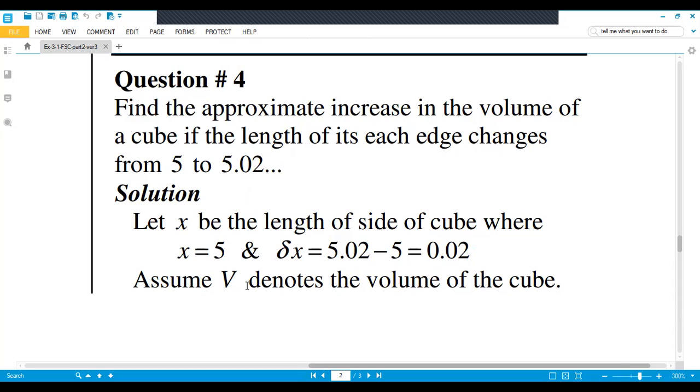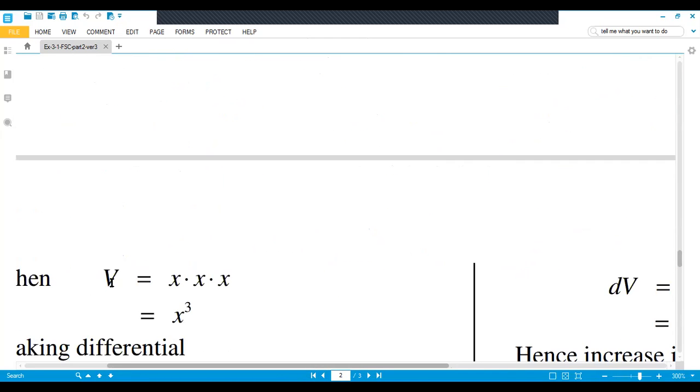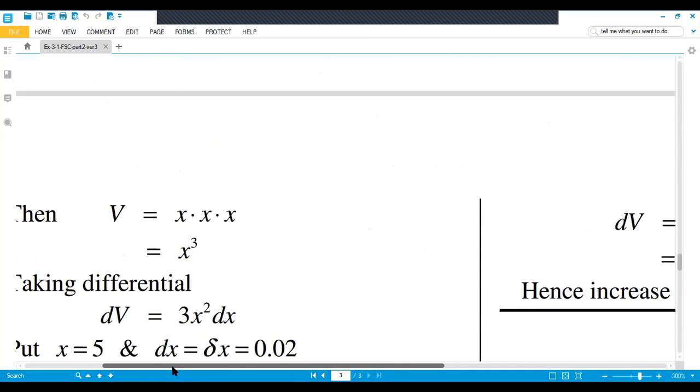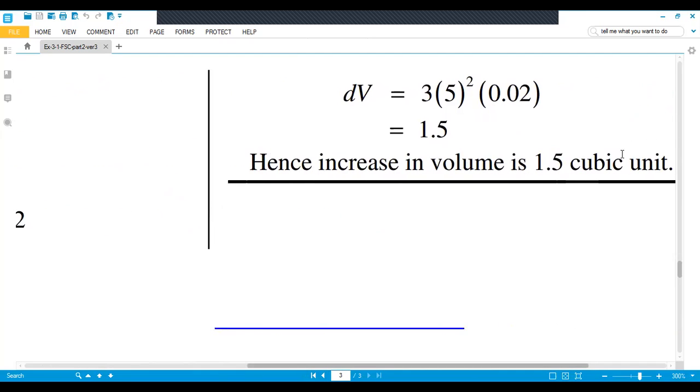First we take its volume: V is equal to length multiplied by breadth multiplied by height, so V is equal to x cube. Now taking differential on both sides, dv is equal to 3x square dx. Here the value of x is 5 and the value of dx is equal to delta x, which is 0.02. You put in the equation and you will get the required answer.